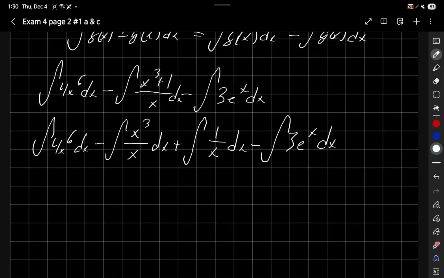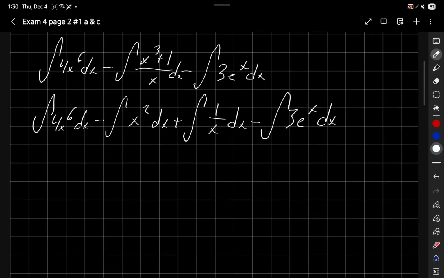Perfect. And now we can simplify this because x cubed over x is just equal to x squared. So we're just going to simplify that as x squared.